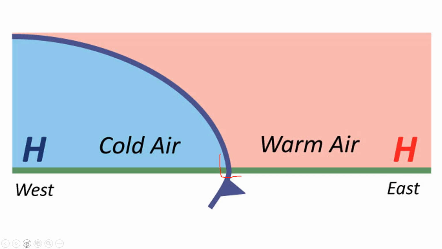And so the idea is that as this front is moving, and typically these fronts move in the same direction that the spike is pointed in, so this front is moving in this direction. Let's say I was located here. I'll draw myself here next to the thing that says warm air.